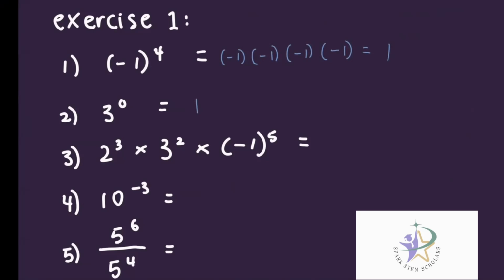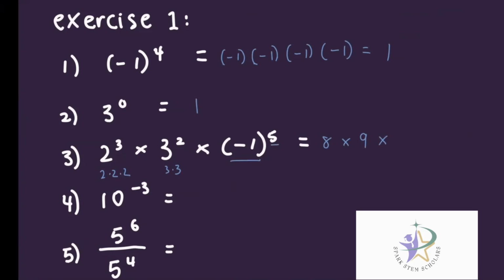And then for number 3, 2 to the 3 is 2 times 2 times 2. That is 8, times 3 to the second power, which is just 3 times 3. That is equal to 9. And times (-1) to the fifth power.